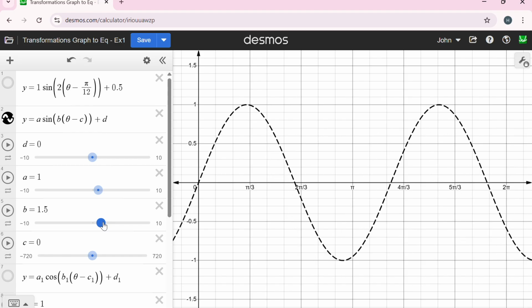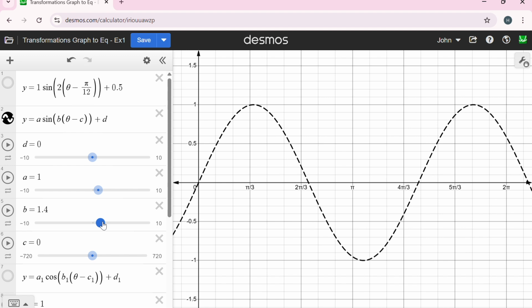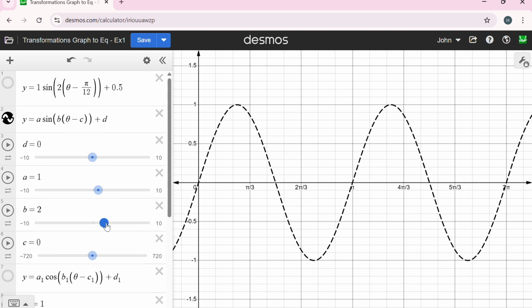So it's gotten thinner by 1/2. And the period's actually gone from 2 pi to pi, which is a good check. What is the period of the transformed function? It's pi, right? Okay, so that's one way we can prove it.